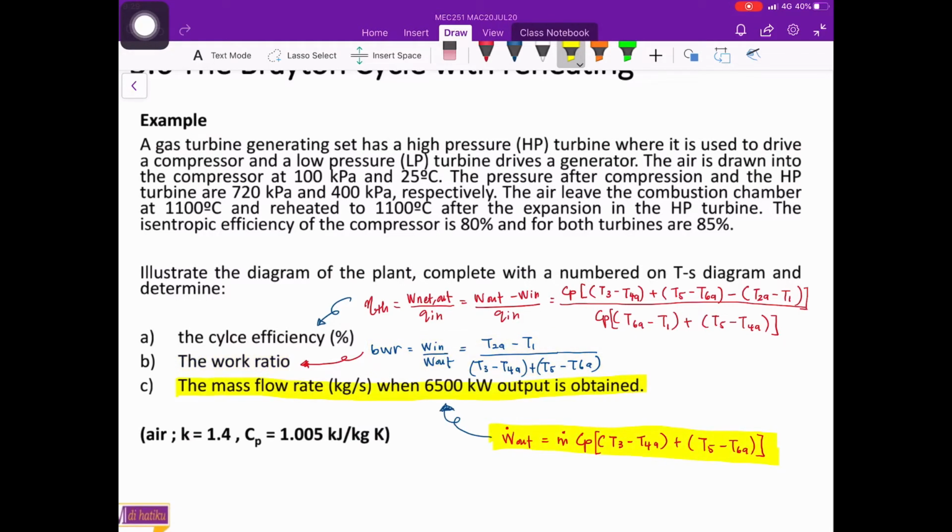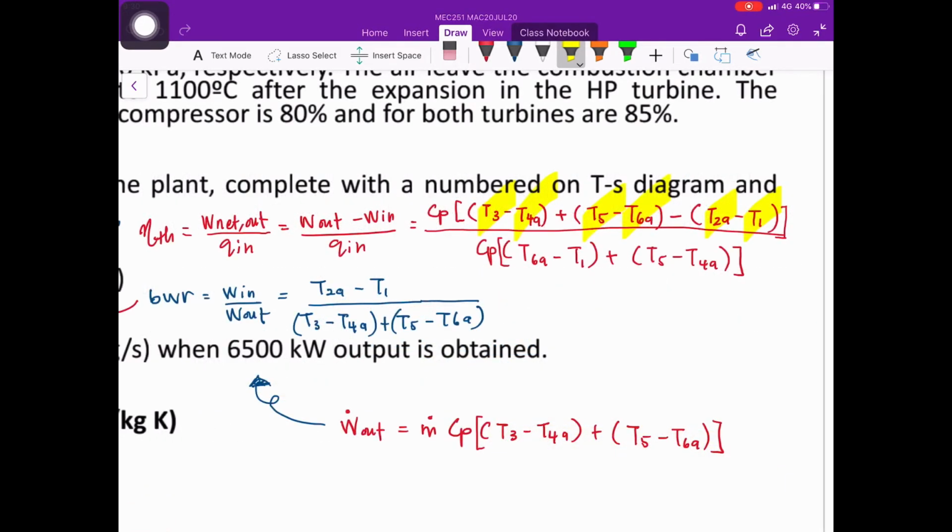And we can use this equation in order for us to find the mass flow rate when the power output is given. In order for us to solve this question, we need to find the value for the temperature at state 1, state 2, state 3, state 4, state 5, and state 6.